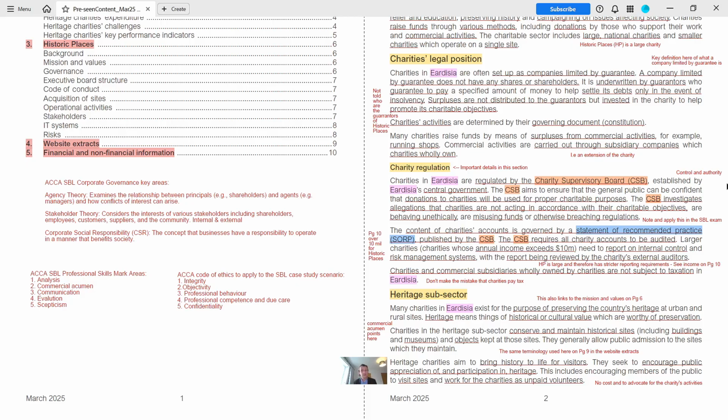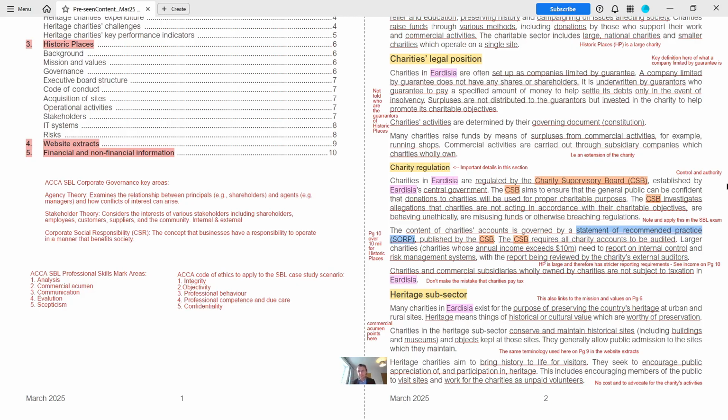The other factor to note down in your notes is that we are not actually told who the guarantors are for Historic Places. So again, another major factor for you to consider that could come up on the exam day. We then get onto the charity's actual activities, and it's determined by their governing document, so a constitution. But many charities raise funds by means of surplus funds from commercial activities. You've got to picture it in your head going into your SBL exam.